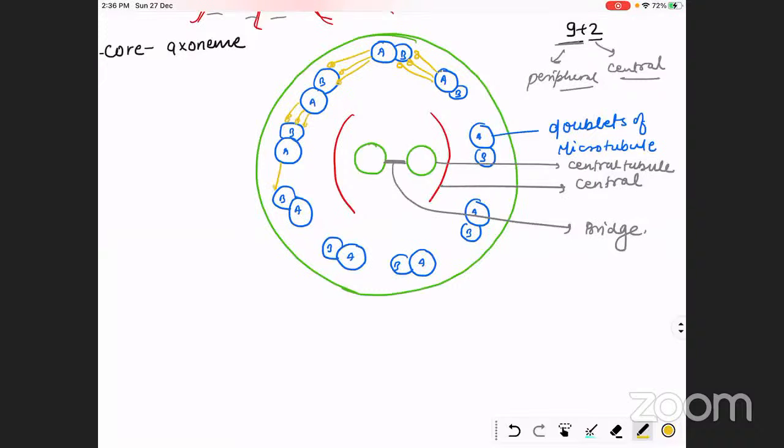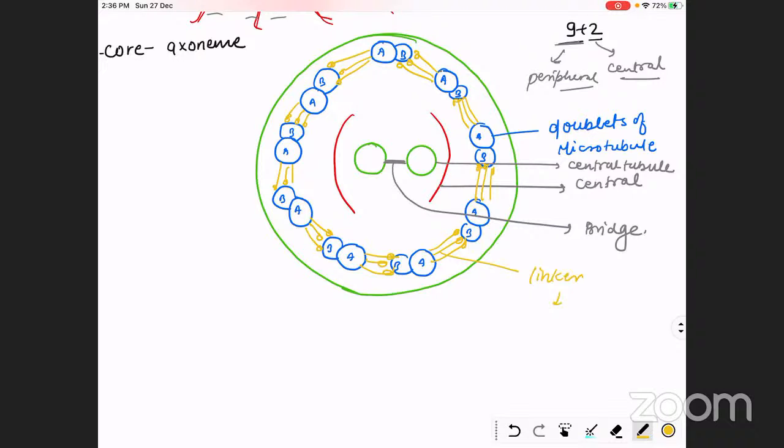So linkers connect the peripheral tubules together.